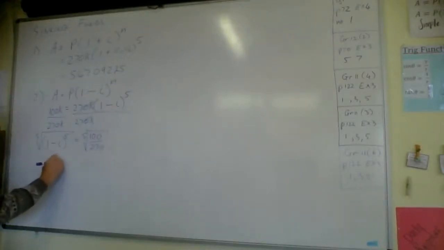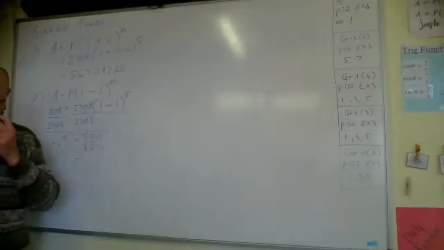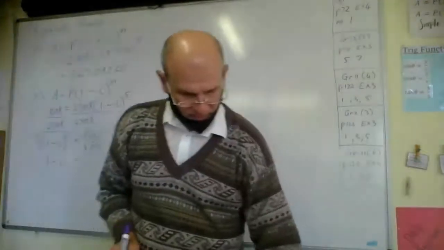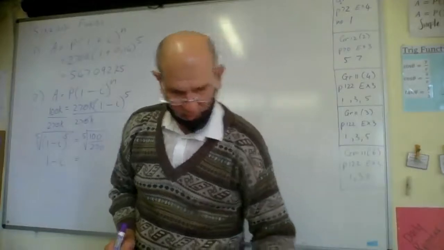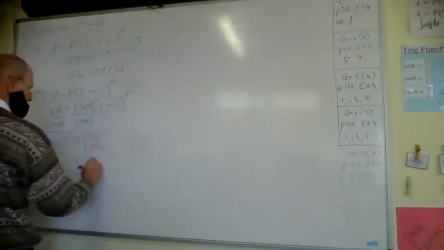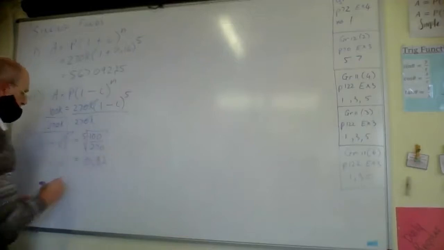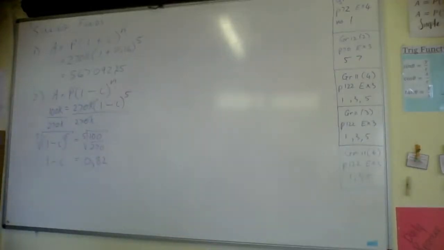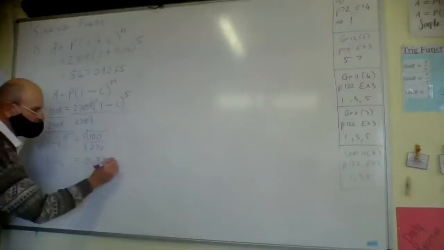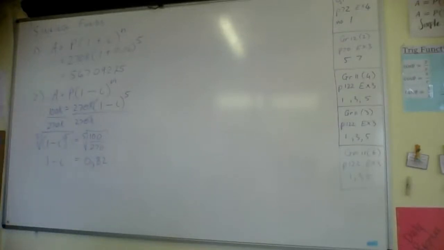So we end up with 1 minus i equals the fifth root of 100 over 270. What is that value? 0.8. Okay, so we just take the 1 over to that side, and it will be negative, so we can just multiply by minus 1 on both sides.